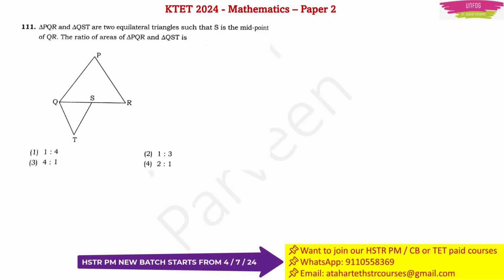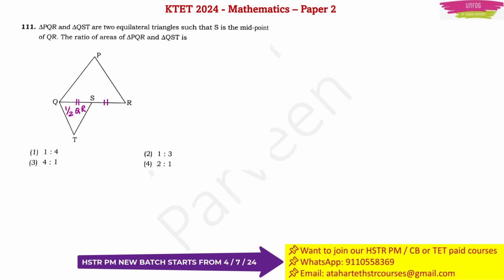Next question. Triangle PQR and triangle QST are two equilateral triangles such that S is the midpoint of QR. The ratio of areas of triangle PQR and triangle QST is? This concept is from the congruency of triangles, the similar triangles you can say. Here they are giving that QS is equal to SR, because S is the midpoint.